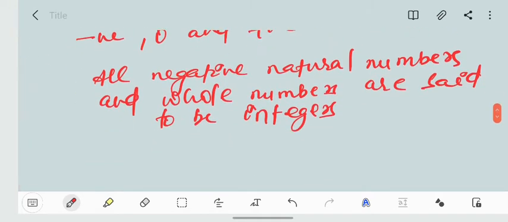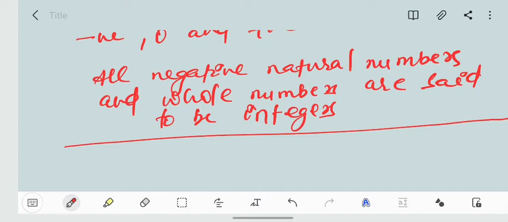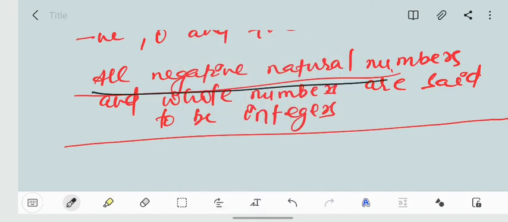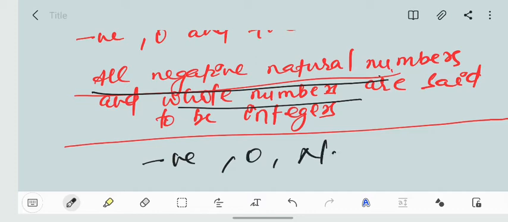We can say like this also. This is also correct, because all negative natural numbers means we are already including the negative numbers. Okay, the whole number starts with 0 and then the natural number, capital N.